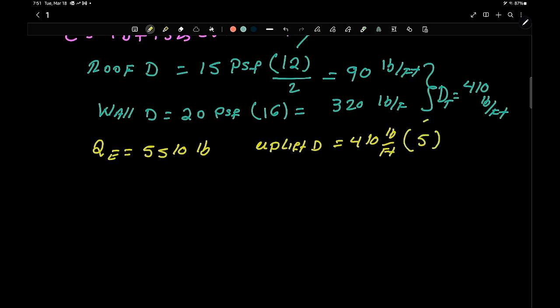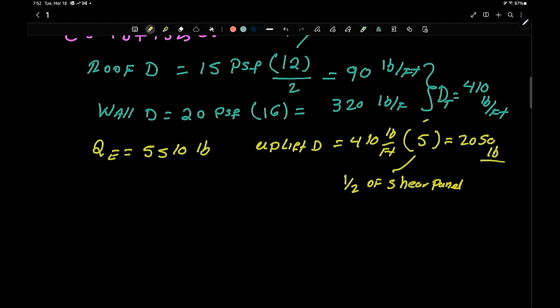And this 5 feet is 1/2 of the shear panel, which was 10 divided by 2, 5 feet. And that will give us 2050 pound.